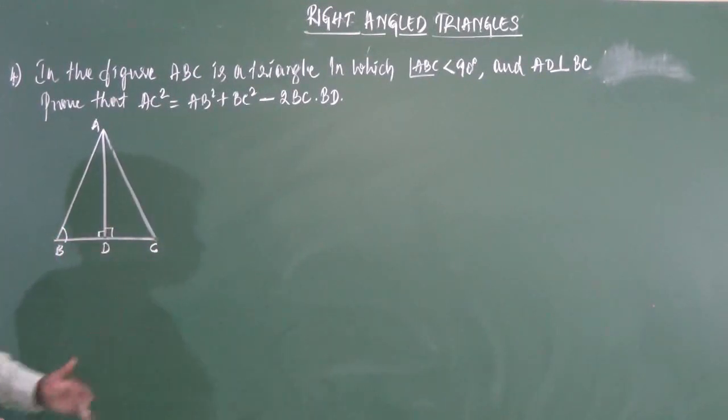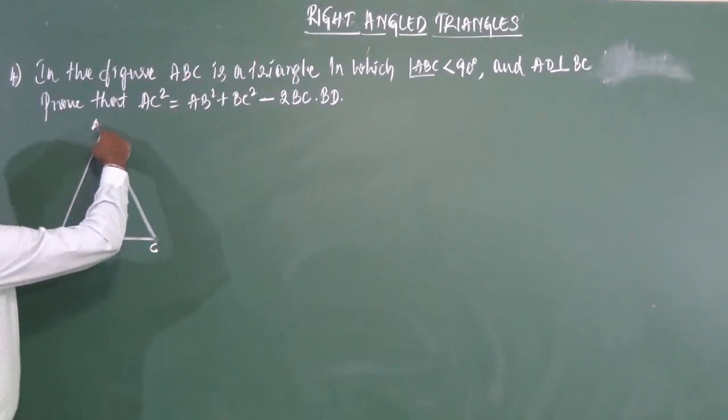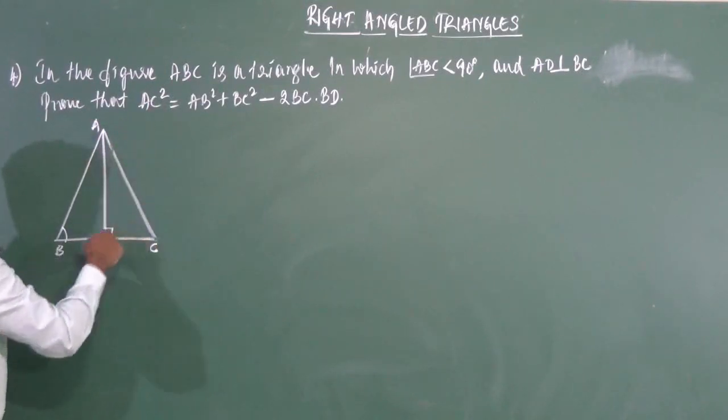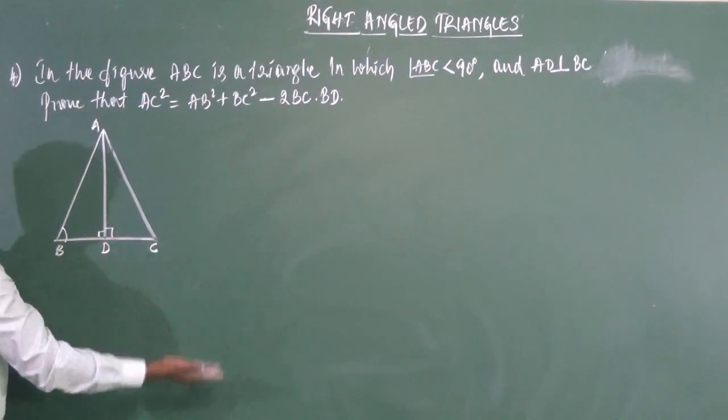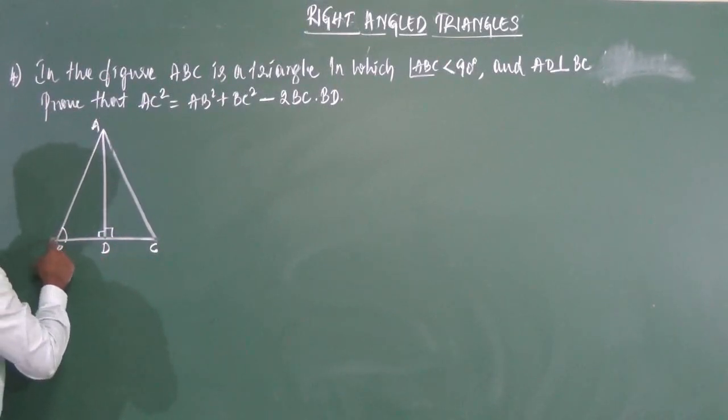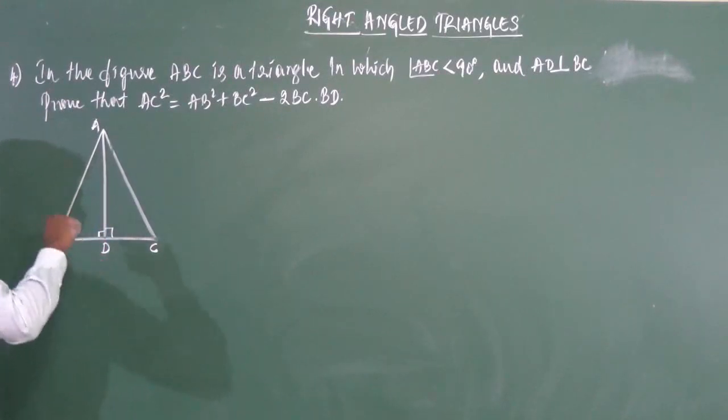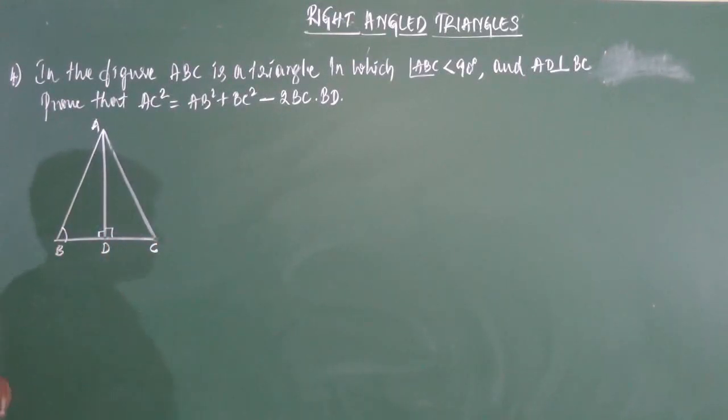That becomes AC square is equal to AD square plus BC square plus BD square minus 2BC into BD. Take it as equation 1.